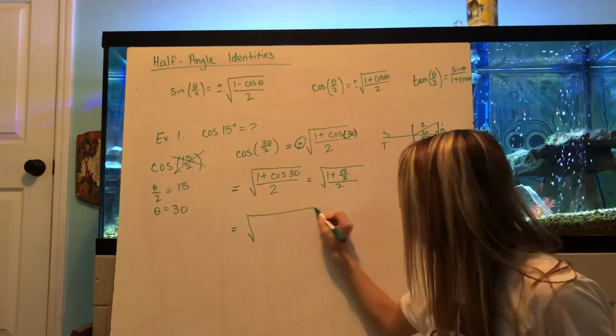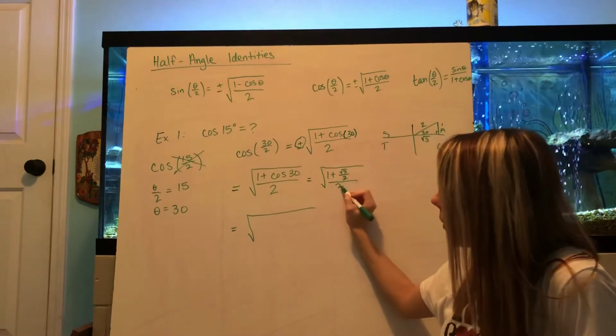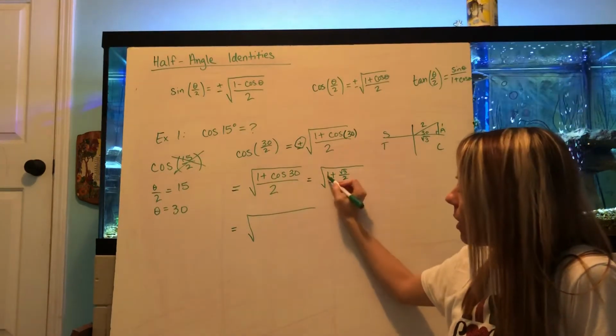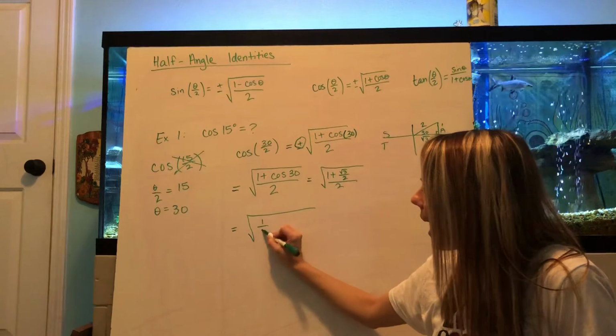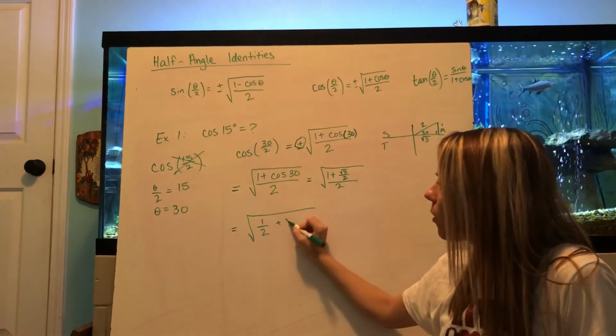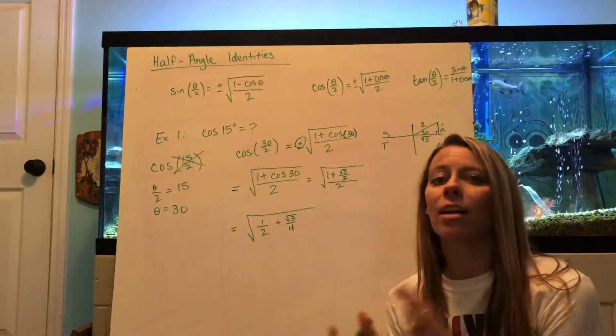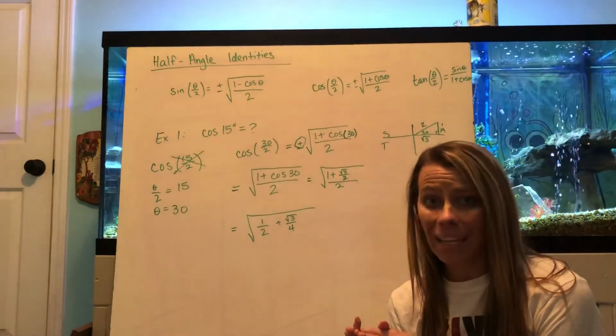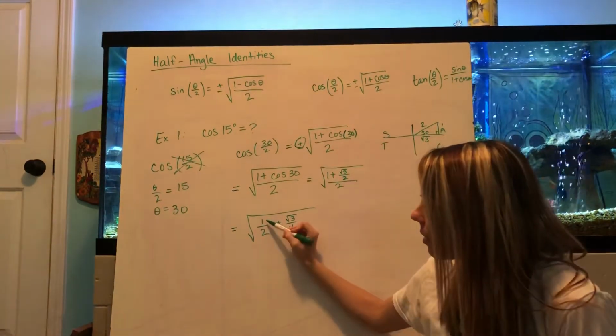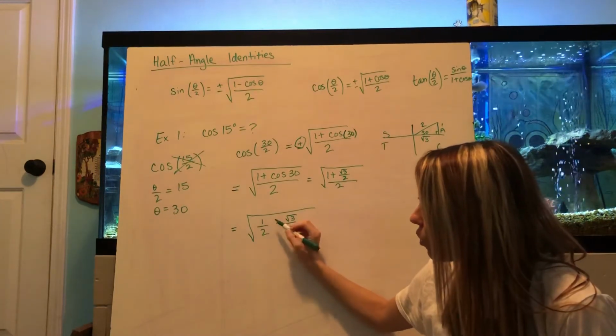So it equals the square root of, I'm going to go ahead and divide both of these quantities by 2: 1/2 plus the square root of 3 over 4. Now I need to get a common denominator and combine them. So I'm going to multiply this quantity by 2 over 2.